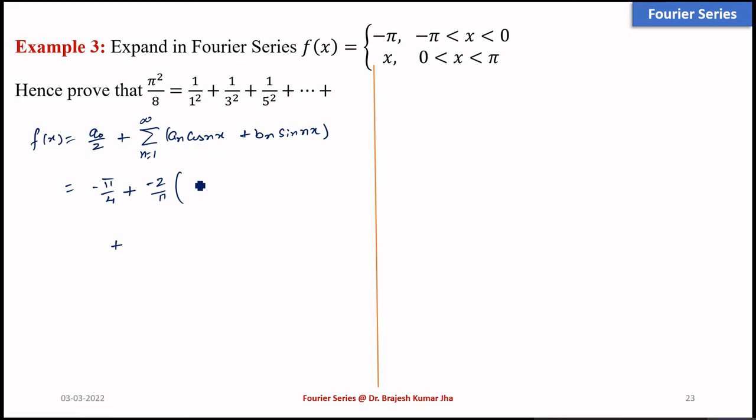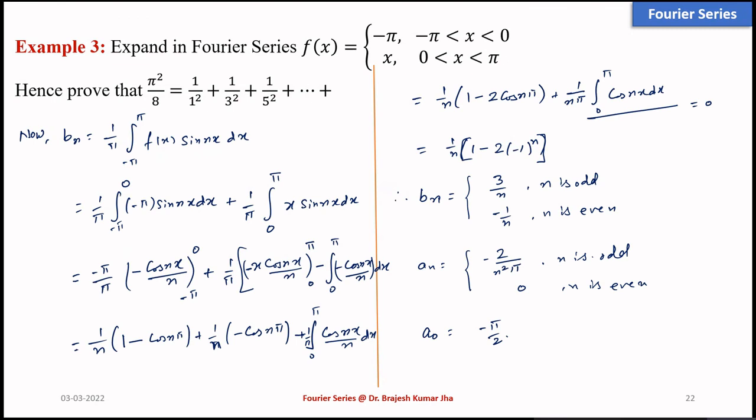This should be 1 upon 1 squared cos x plus 1 upon 3 squared cos 3x plus 1 upon 5 squared cos 5x, and so on. Plus, what about b_n?